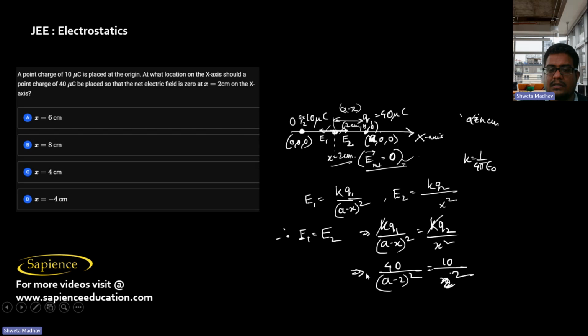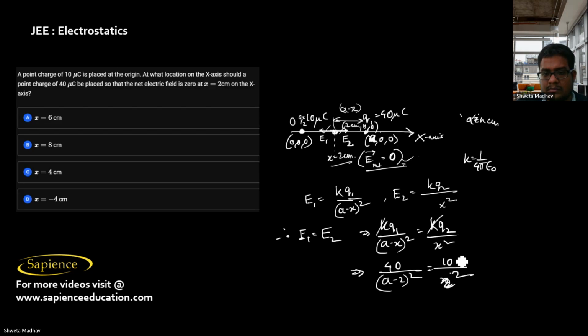Therefore, 16 will be equal to A minus 2 whole square.